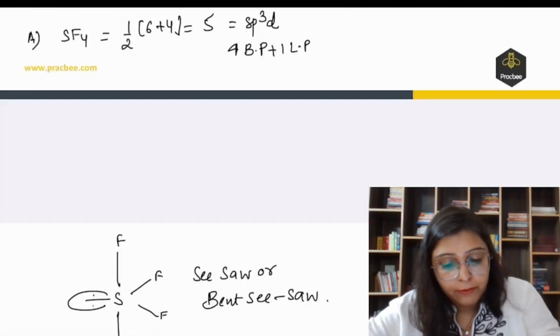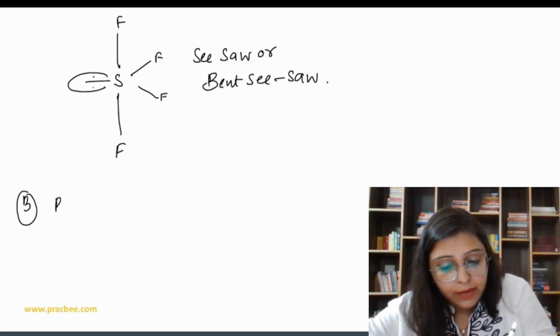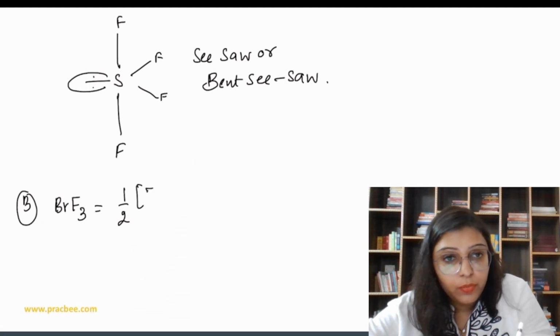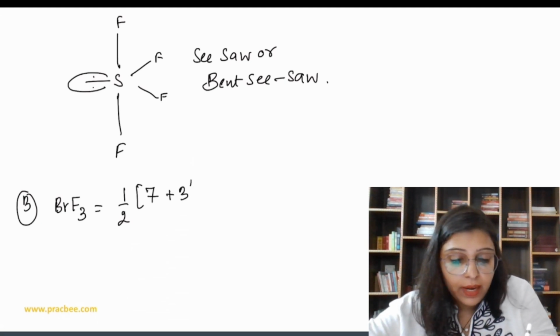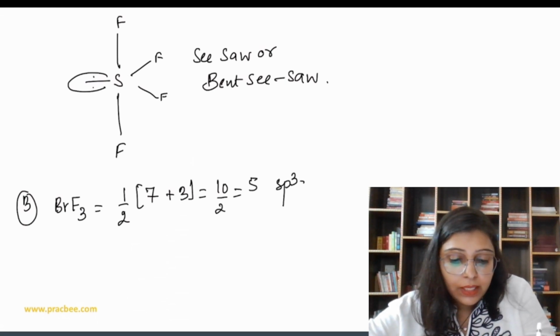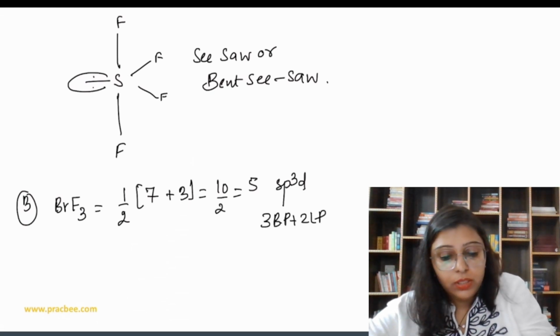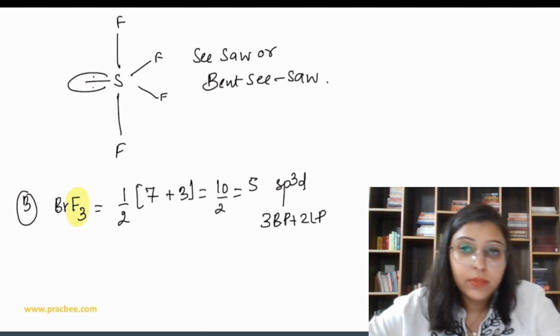Next part, BrF3. So B is what? BrF3. So let's do it. Half of valence electrons on bromine 7 plus 3 monovalent. So again 10 plus 2, which is equal to 5, sp3d. But we have 3 bond pairs plus 2 lone pairs, because only 3 fluorine, 3 surrounding atoms are there.